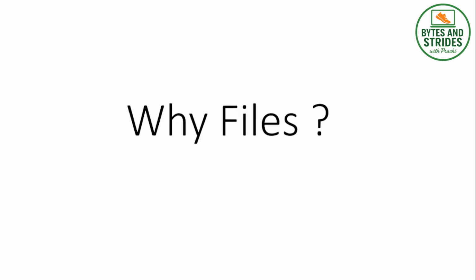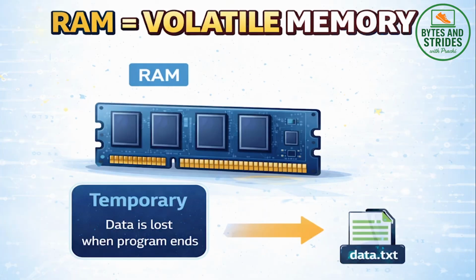We all know whatever variables we declare are stored in RAM, that is random access memory. We need to first identify why we need files. RAM is a volatile memory, which means data is going to be lost as soon as your program ends.